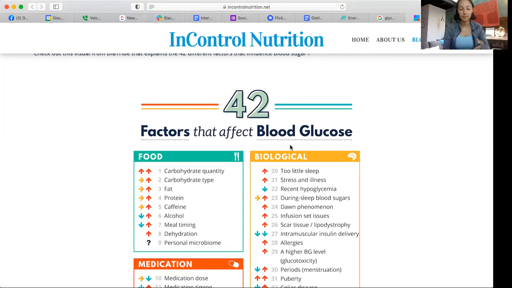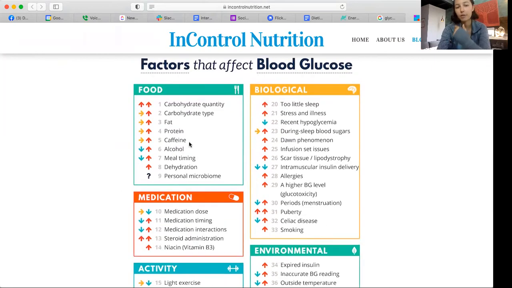Pairing your carbs and being mindful of your carbs is one of the biggest factors, but there are so many other smaller things that can fluctuate blood sugar on a daily, hourly basis. If you ever get a continuous glucose monitor, you would see how things spike very surprisingly, unrelated to food. So I just wanted to give you a little snapshot here.